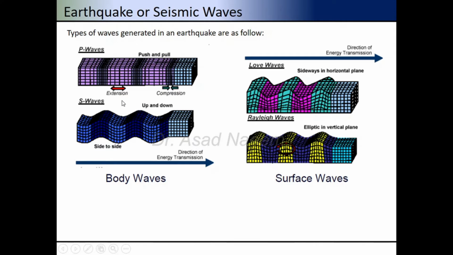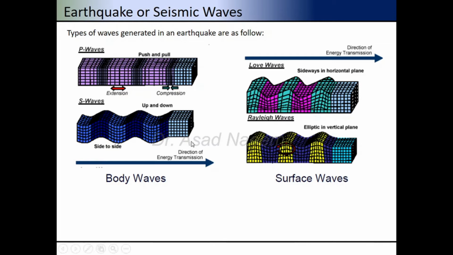P waves are also called primary waves, and in these, particle movement is parallel to the direction of propagation of the wave. P waves travel 1.73 times faster than the other waves. These waves do not cause much damage.